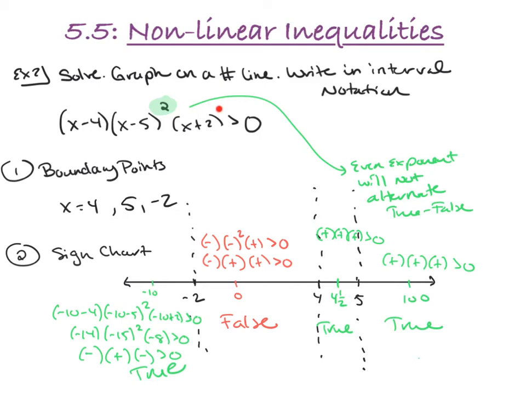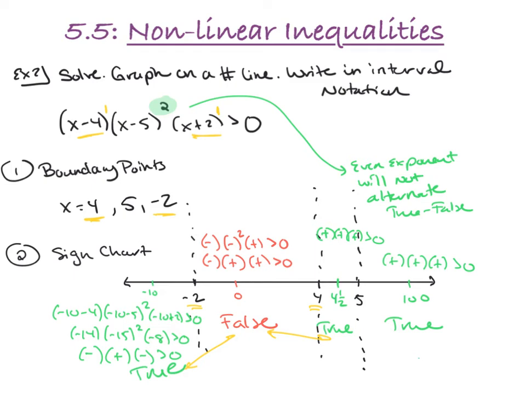However, the other exponents are odd, because they are 1s for each one of these. The odd exponent boundary points, x equals 4 and x equals -2, will alternate true to false or false to true around the -2 and the 4. So a little shortcut, I'll bring it up again in the next example: if you look for even exponents, they won't alternate true, false on either side of the even exponent.